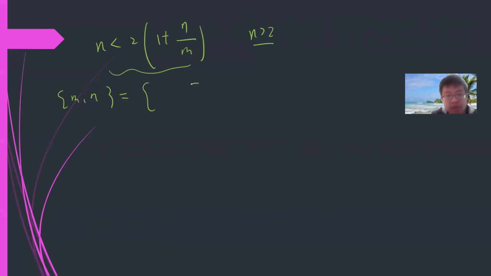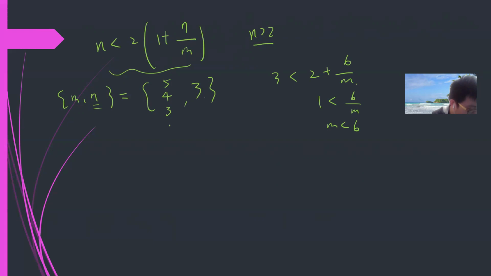If n is 3, then 3 is less than 2 times 6 divided by m, so m is less than 6. So I can get 5, 4, 3, maybe 2. Maybe 2 is okay, right?